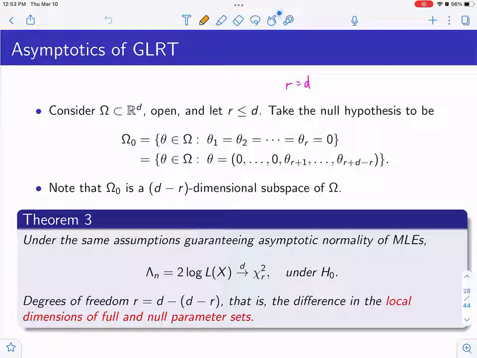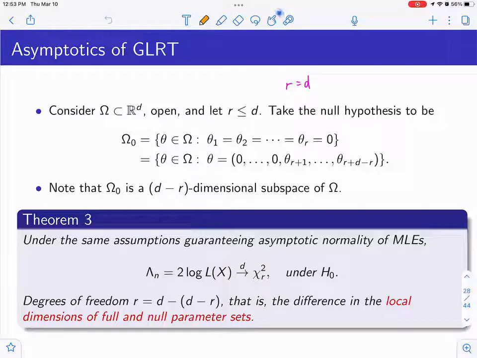You can think of this r as the difference between the dimensions of the two spaces. The full R^d has dimension d, and the null has dimension d minus r, so the difference is r.